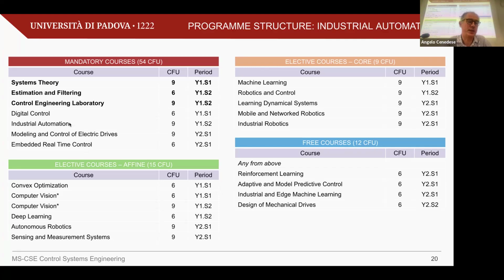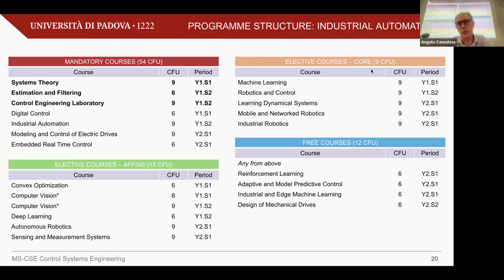Industrial automation is dealing with industrial networks, so it is, let's say, midway between telecommunication, computer science, and control. And modeling and control of the electric drives is dealing with one of the basic components of our industrial system, that is the drive, the electric drive, the motor.